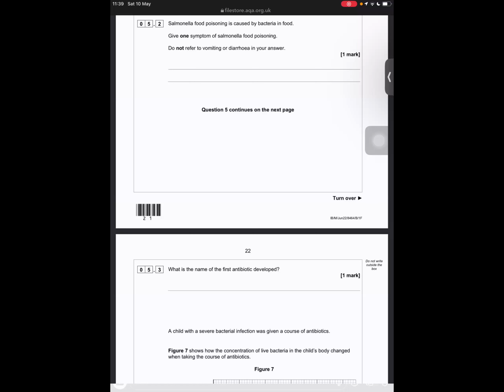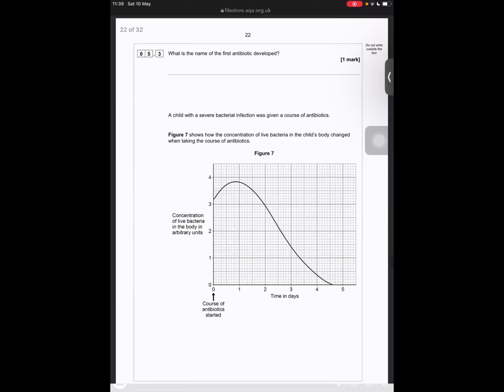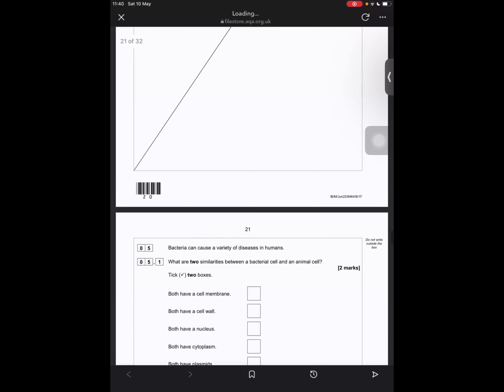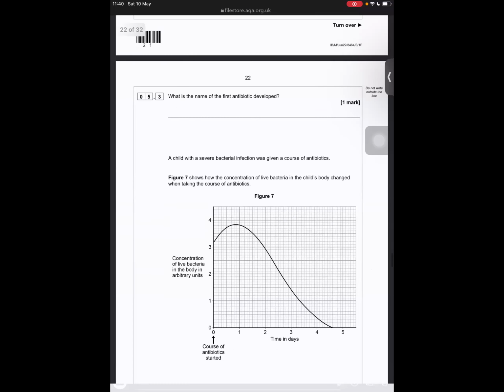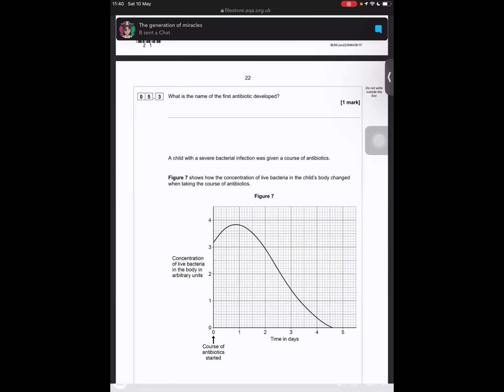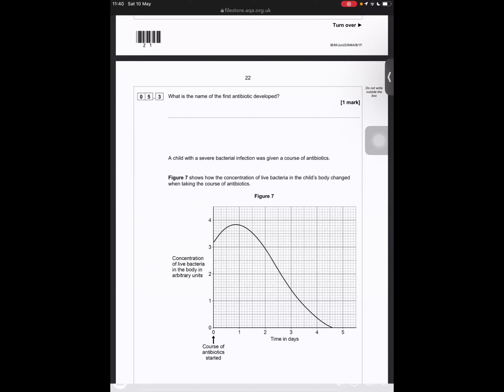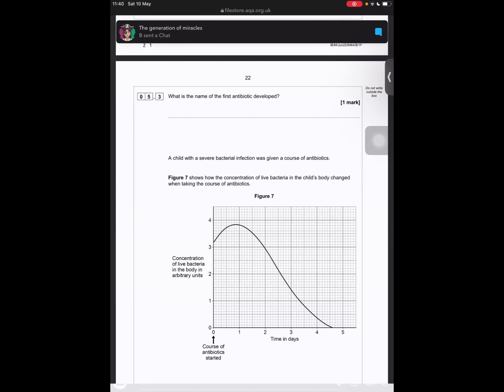Let's scroll down and take a look at the graph. Could you scroll up a bit? So apparently, with the course of antibiotics, it reduces, right? Yes. So over time it will.